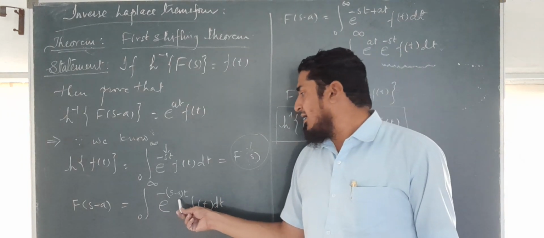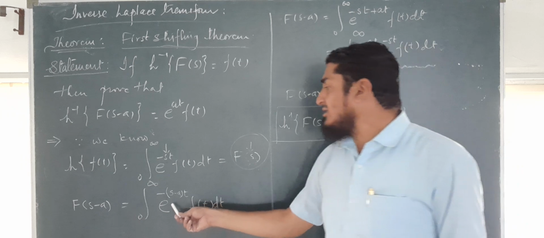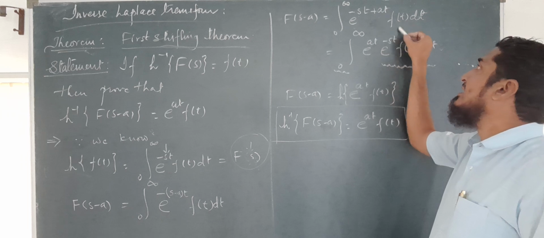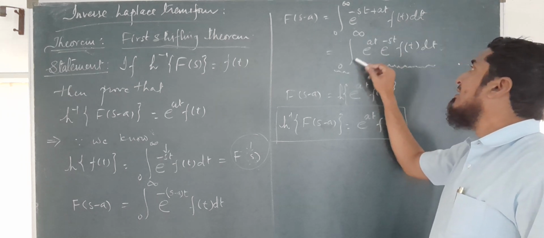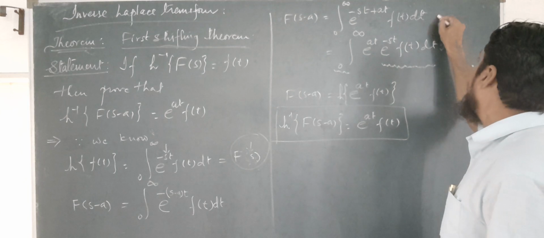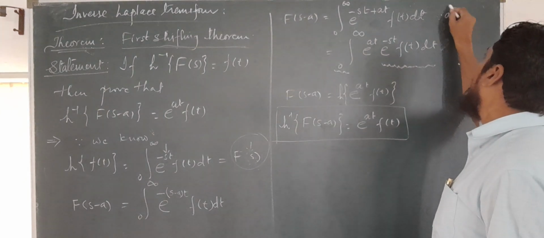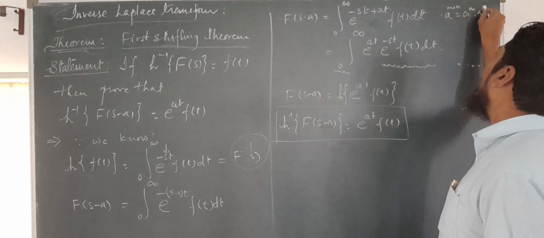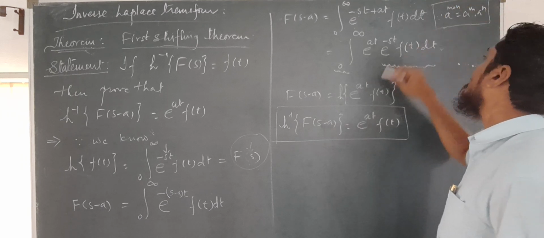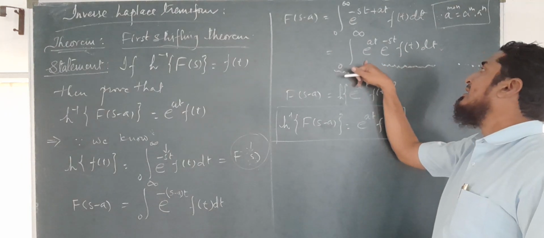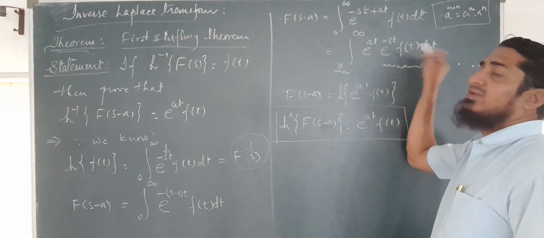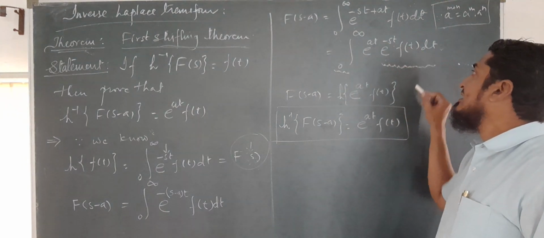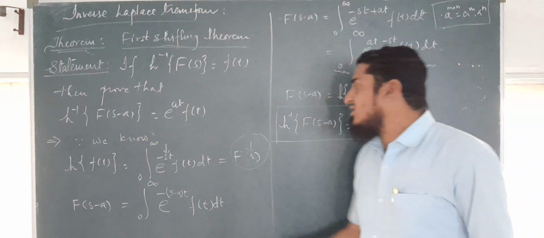Correct? And just simplifying this, we will get the integral from 0 to infinity e raised to minus st plus at f of t dt, correct? Since we know that a raised to m plus n is equal to a raised to m into a raised to n, by the law of indices, we can write it as e raised to at e raised to minus st f of t dt. And integration from 0 to infinity e raised to minus st f of t dt is the definition of the Laplace transform.